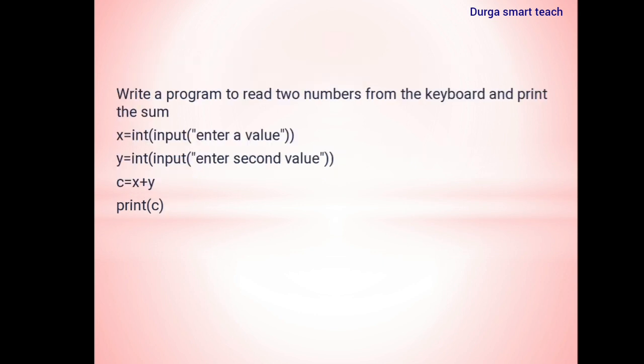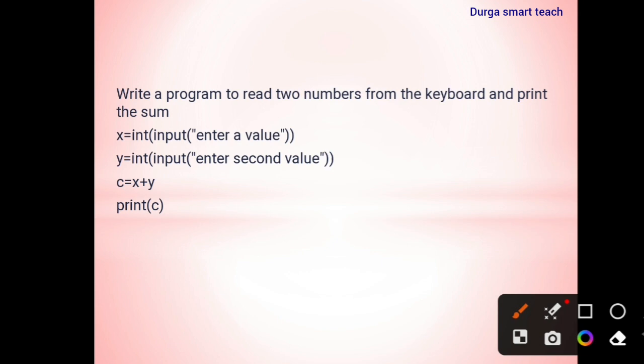Here is an example program: write a program to read two numbers from the keyboard and print the sum. Here we are performing the sum of two numbers, which means integers, and we know the data type, so x is equals to int of input of enter a value. In int place you can use eval, but I am using int.